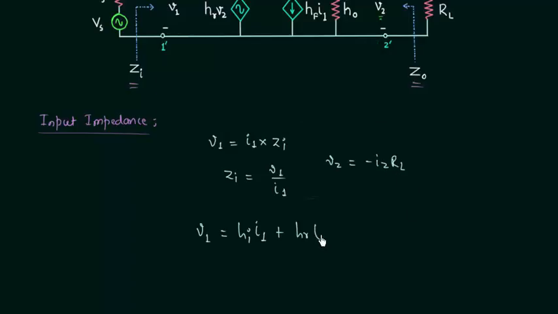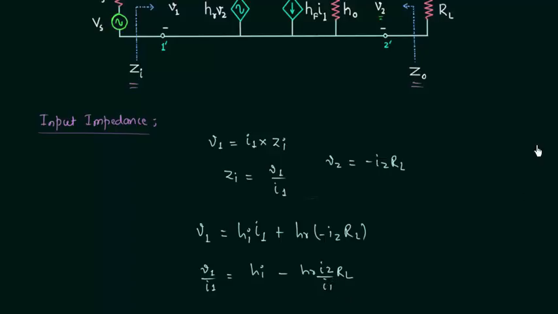So we have minus I2 RL in place of V2. Now I will divide both the sides by I1. We have V1 by I1 on the left hand side. Then we have Hi minus HR I2 divided by I1 RL.